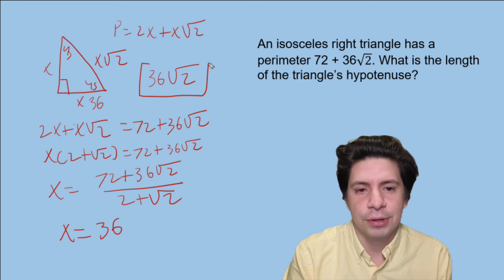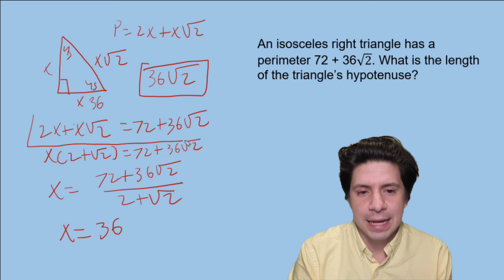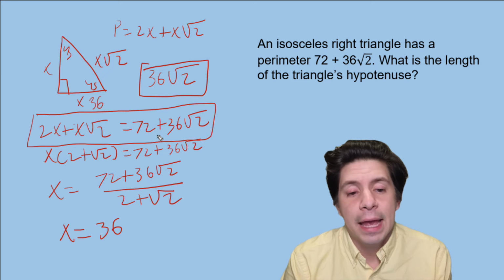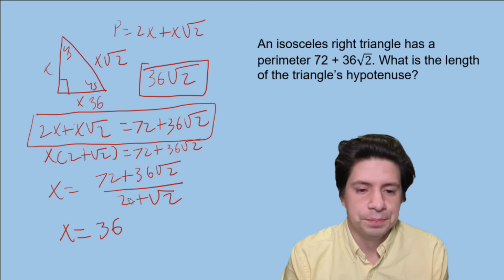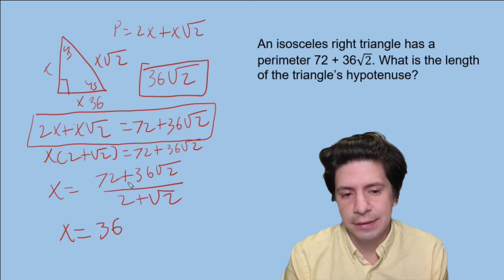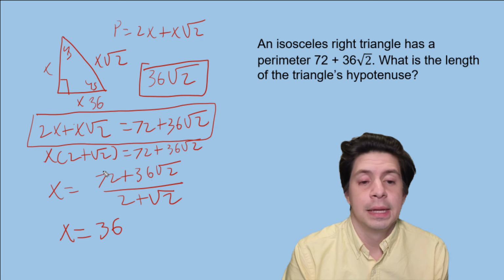But the thing about this question is that from this step, it feels very natural to say x equals 36, okay? And if you divided here, you would also get the same thing. Because you see the root 2 there, 72 doesn't have a root 2, 2 doesn't have a root 2, but they're both just root 2 times the 36 root 2, okay?